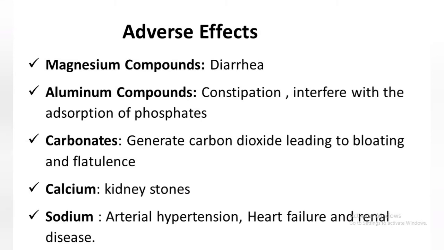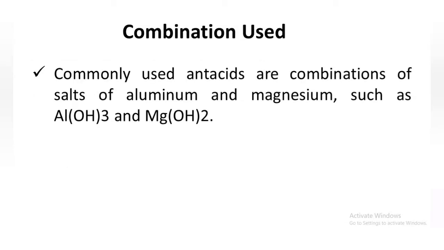As I told you, calcium antacid may result in formation of kidney stone. When using antacid containing sodium, it leads to arterial hypertension, heart disease and renal disease because sodium can get absorbed in our body easily. Due to side effects, after using single antacid, they are given in combination to counteract the side effects of individual antacids.